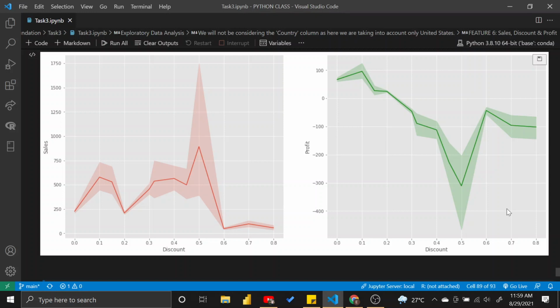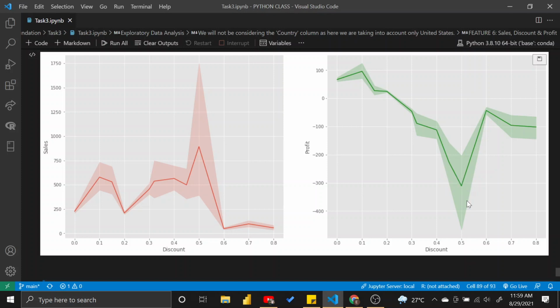So after that 50% discount, the sales have not increased to that extent, and after the 50% discount, profit has also not decreased to that extent. So these are some problems. There are places where with no discount, profit can be high, and there are situations where you give a 50% discount and profit is less.